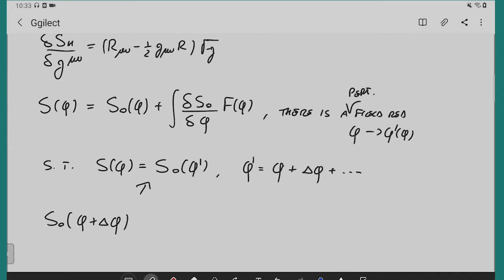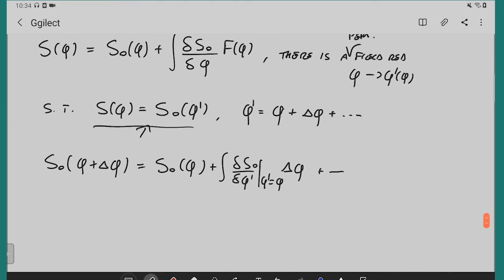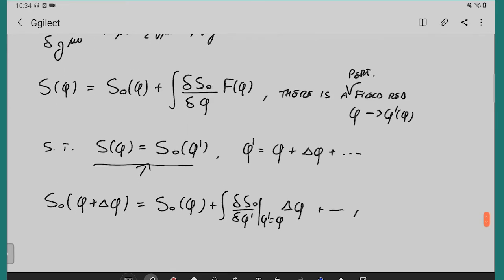And then if you do the Taylor expansion, you have this plus exactly what you want. So order by order, you have this equality. You just have to fix delta phi. In this example, if you fix delta phi to f of phi, which was here, then you can show that this is true.